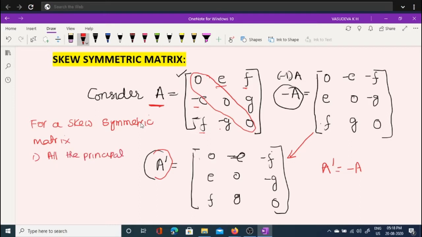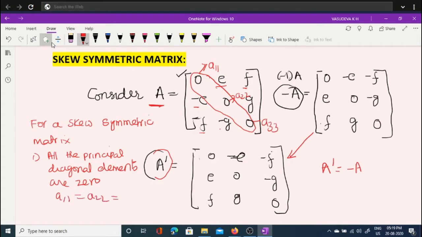Here the suffixes of the principal diagonal elements are A11, A22 and A33. So we conclude that A11 equals A22 equals A33, and they are all equal to 0.